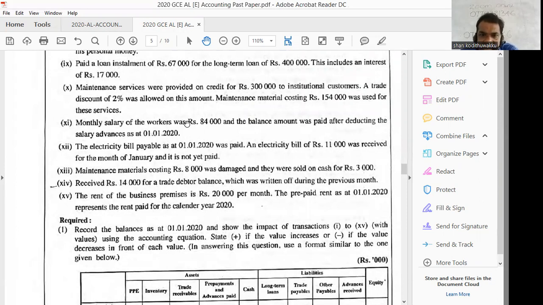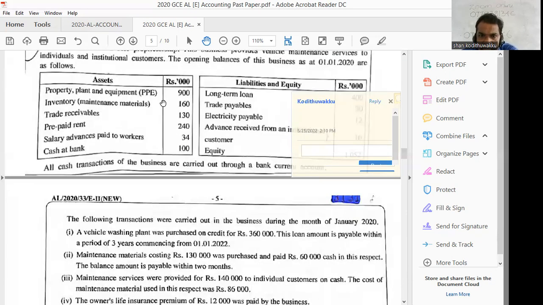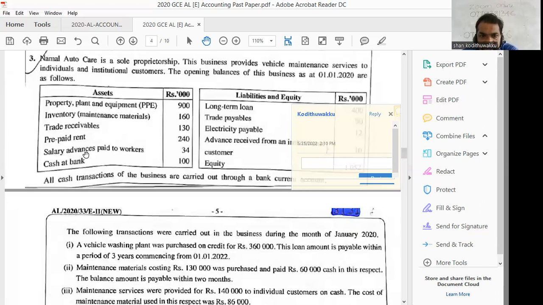At the beginning, they have given you salary advances paid to workers, 34,000. That means workers have obtained 34,000 before they take the salary on the due date. Then we can set off this 34,000 from the relevant salary. Therefore, we can reduce this 34,000, put in minus 34.